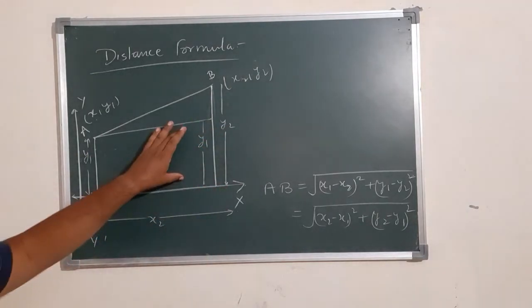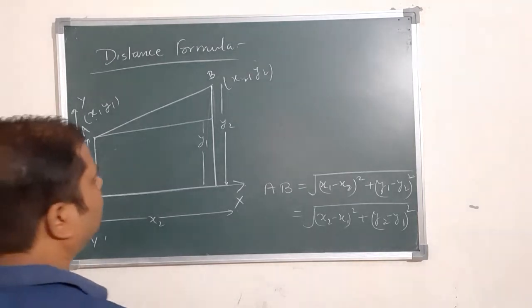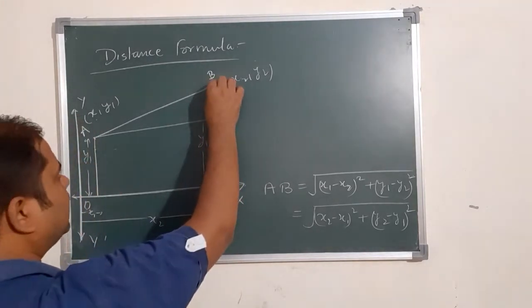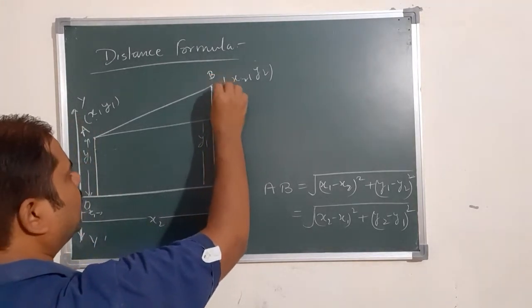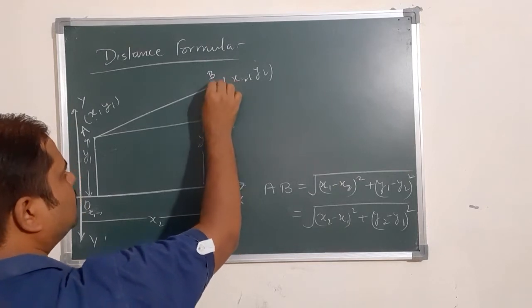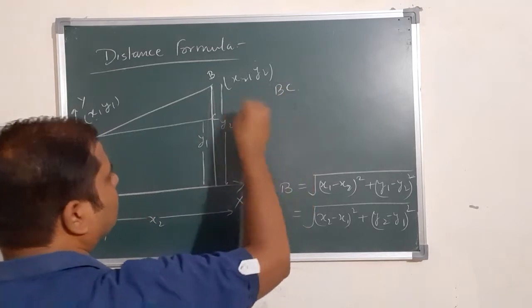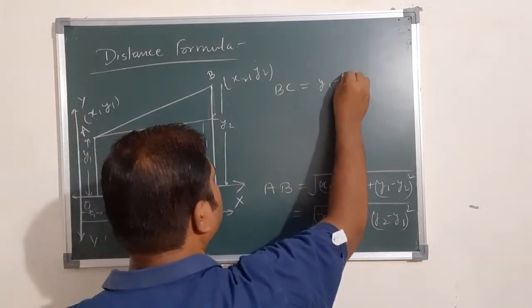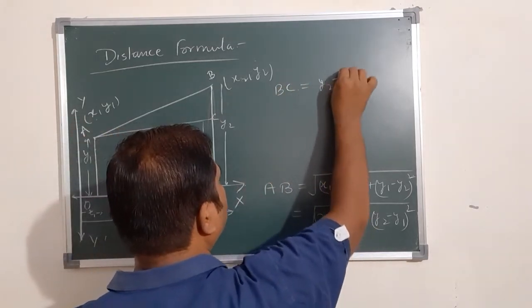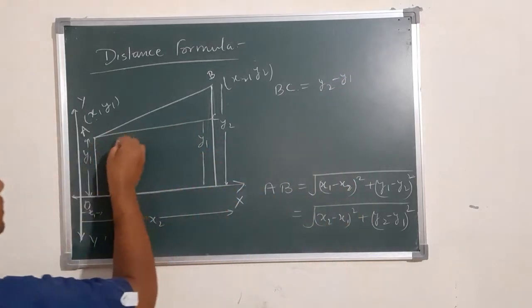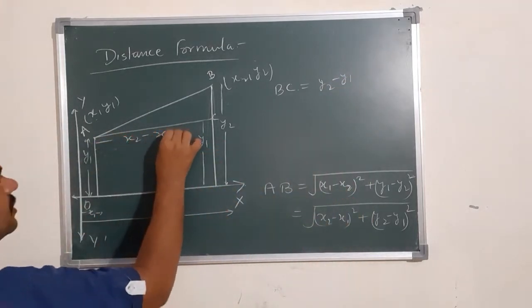Okay, this distance. And if we find this distance, then see this ABC, distance BC is nothing but y2 minus y1, and this distance AC is x2 minus x1.